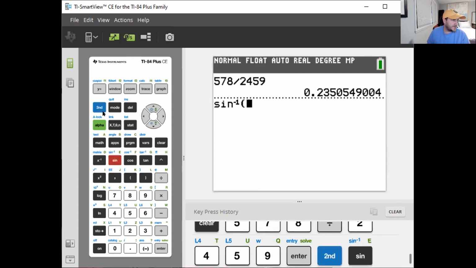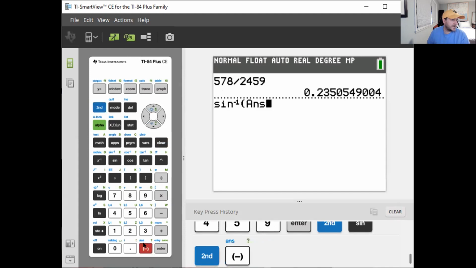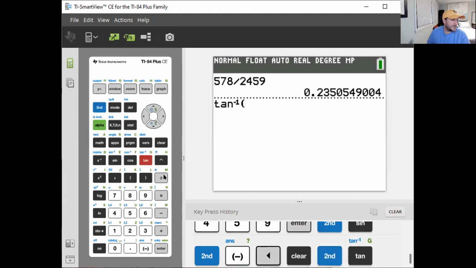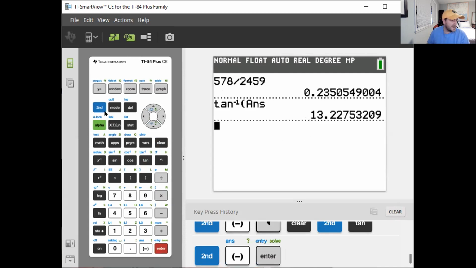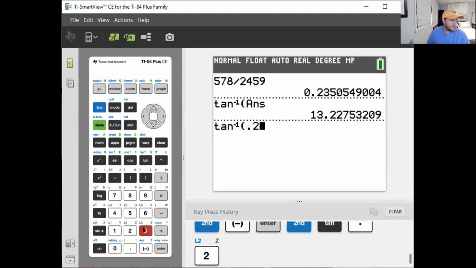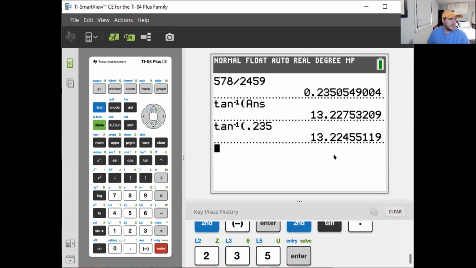If I do second inverse tangent of the answer, I think actually tangent is the most sensitive one. If I do the entire decimal expansion, I get this. If I, however, did inverse tangent of just the rounded off decimal, the 0.235, okay, whatever. We're only off by 0.003.